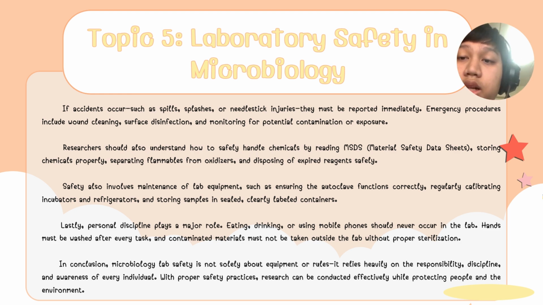Researchers should also understand how to safely handle chemicals by reading the MSDS, material safety data sheet, storing chemicals properly, separating flammables from oxidizers, and disposing of expired agents safely. Safety also involves maintenance of lab equipment, such as ensuring the autoclave functions correctly, regularly calibrating the incubator and refrigerator, and storing samples in leak-proof laboratory containers.